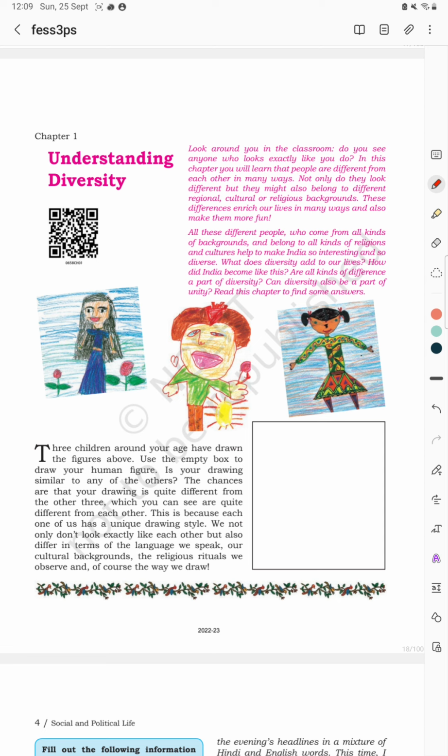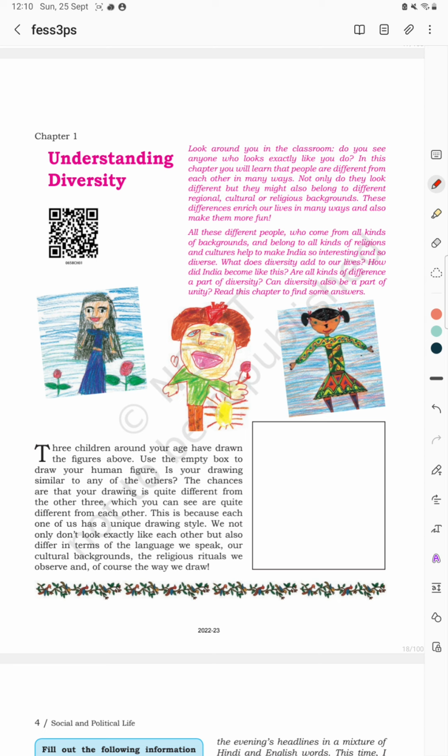So when all these people who come from different backgrounds, belong to different religions and cultures, they help to make India so diverse and so interesting. After reading this chapter, you will be able to understand the importance of diversity in our lives.